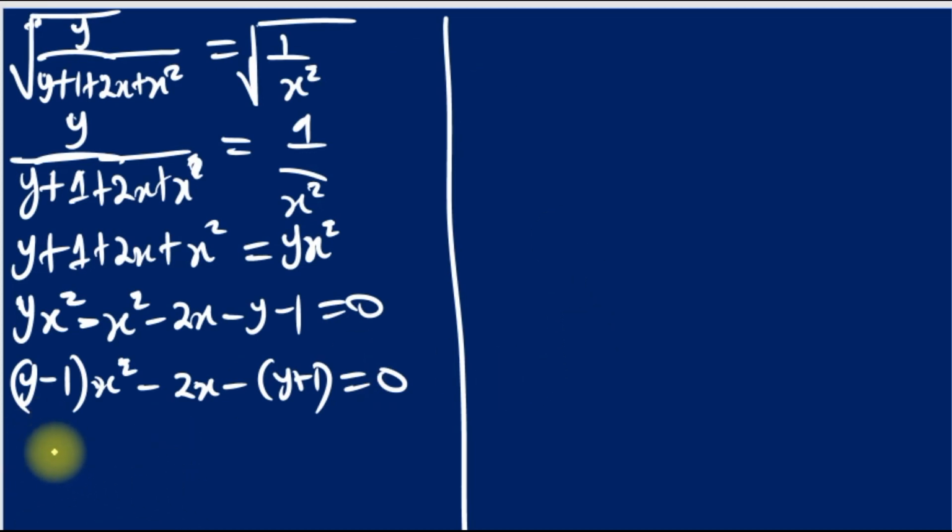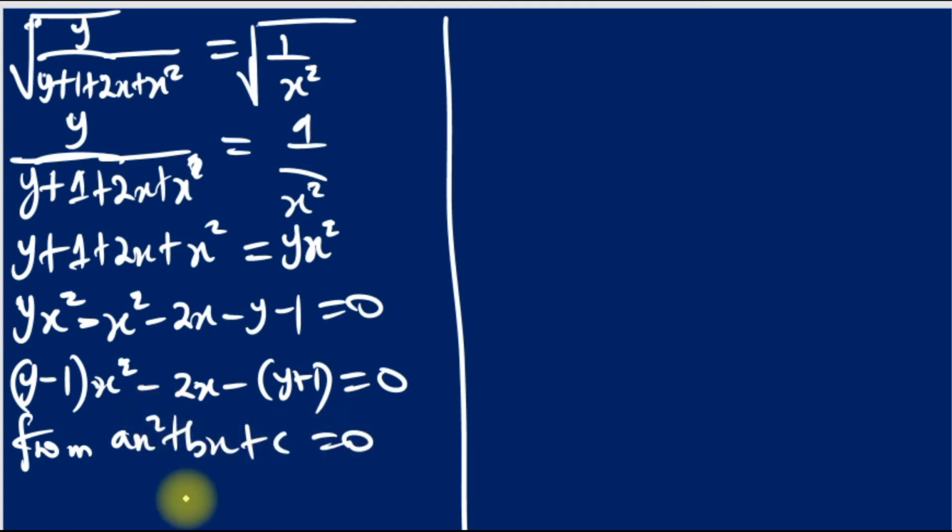As you can see, comparing with the quadratic equation, from ax squared plus bx plus c equal to 0, we know that x equals minus b plus or minus square root of b squared minus 4ac, over 2a.